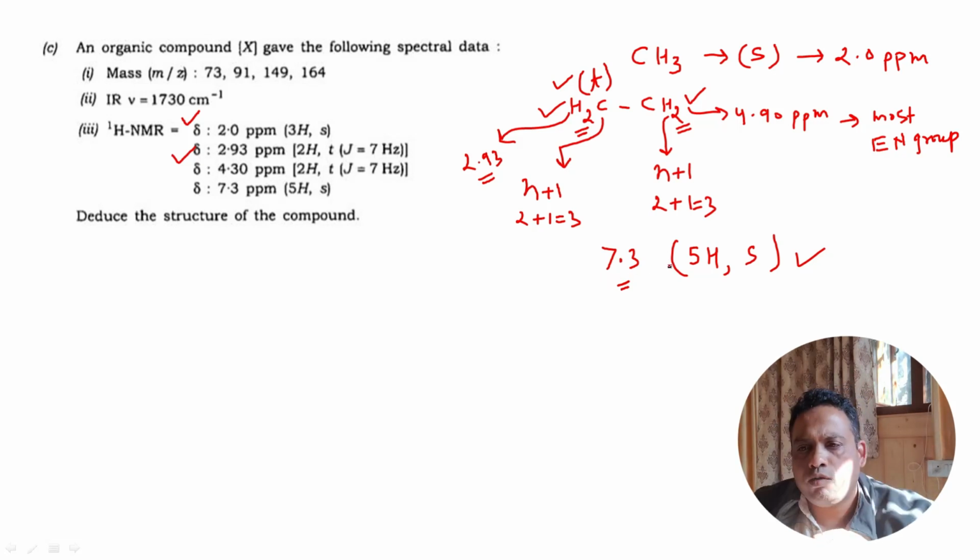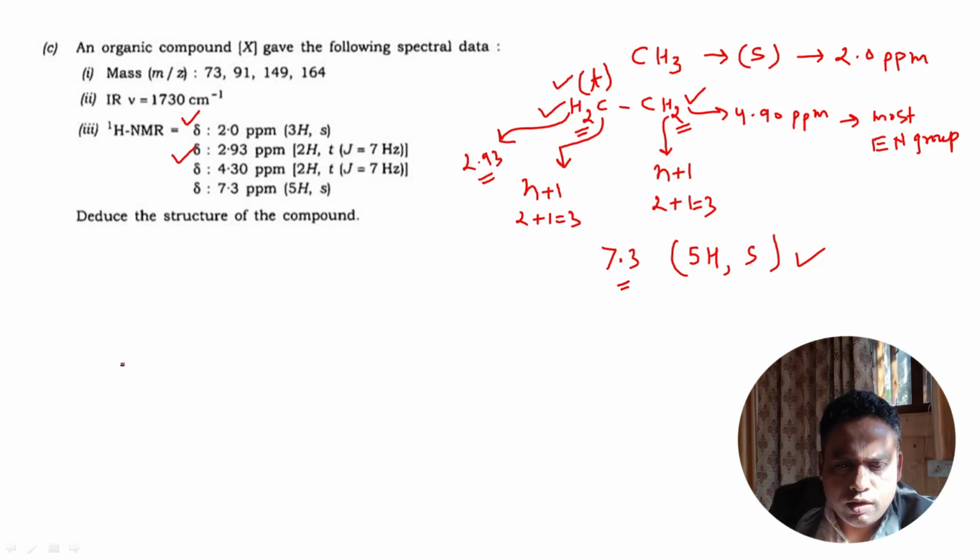So now we can put the pieces together. How can we put the pieces together for this one? You are getting a singlet at 7.3 corresponding to 5 protons, that means a benzene ring is probable. All these five hydrogens are here: 1, 2, 3, 4, 5.